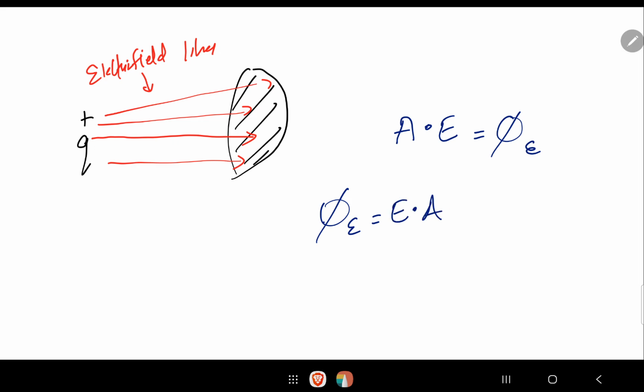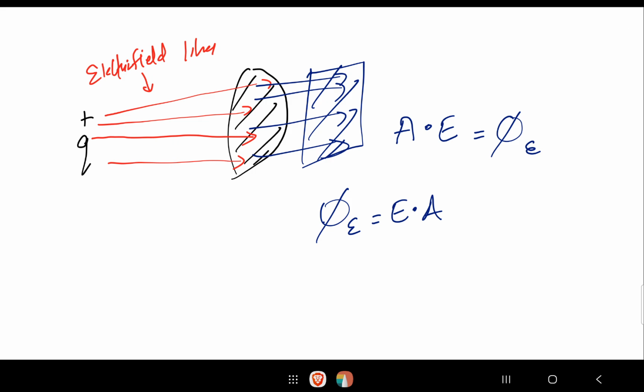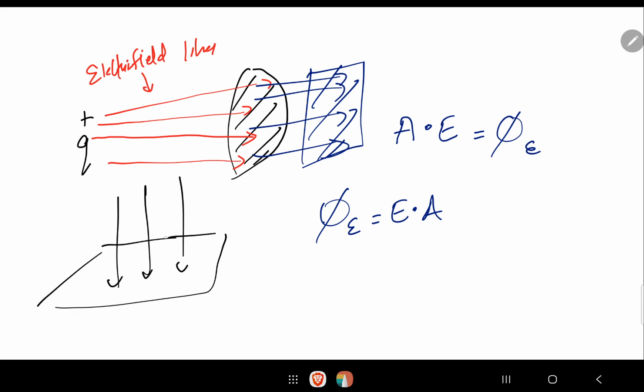Now this could also be a square, right? And the electric field lines will pass through this. So what's the electric field that's passing through this certain area? The same way we saw the rooftop, the raindrops falling on the rooftop. These raindrops can be said as the electric field or the magnetic field, okay?